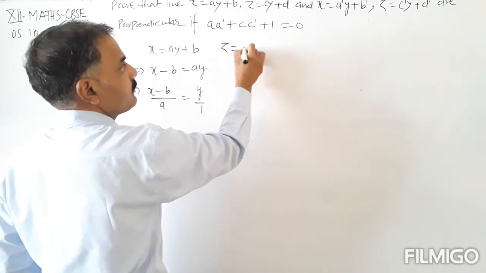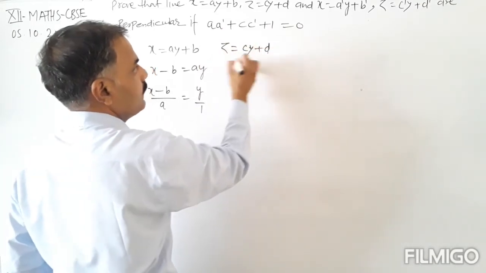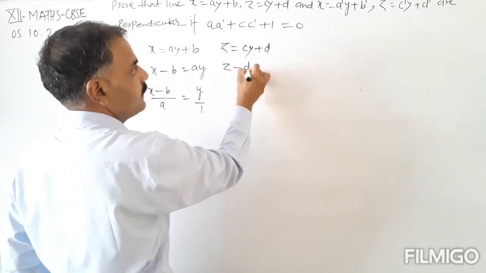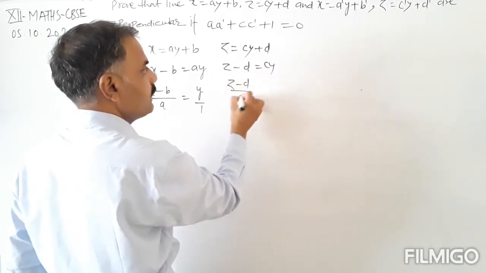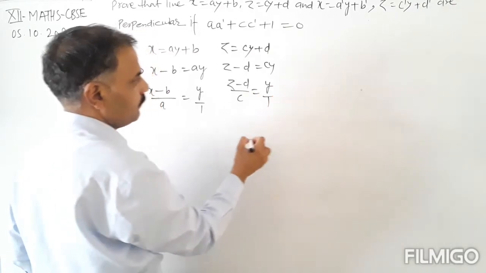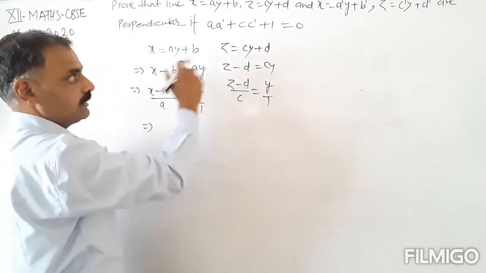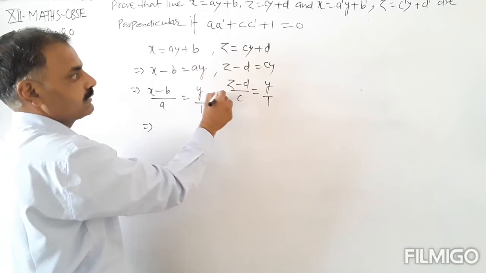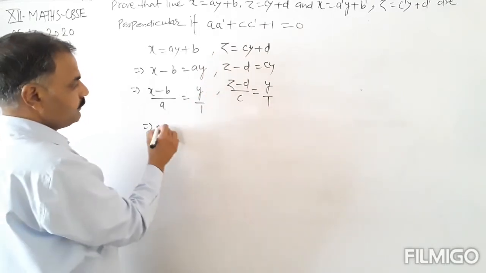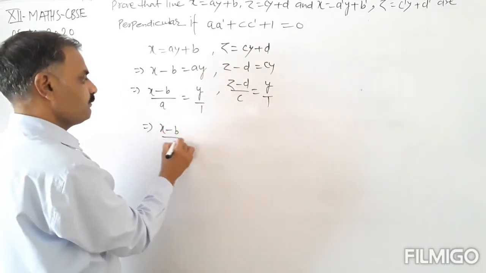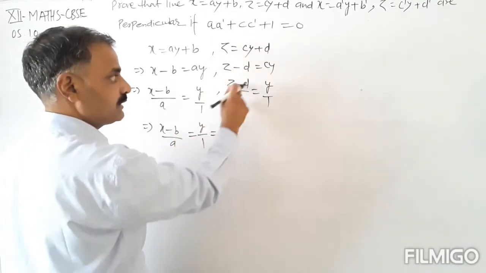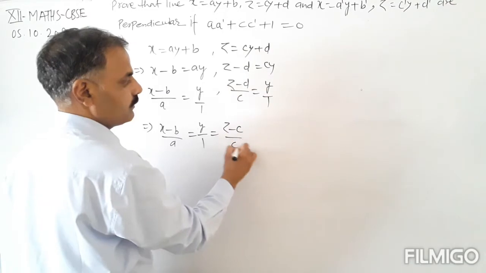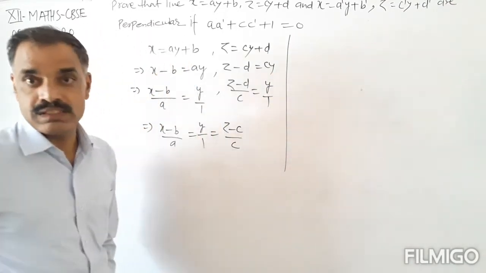Similarly z equals cy plus d, so z minus d equals cy, and z minus d upon c equals y upon 1. So the standard form of the first line is x minus b upon a equals y upon 1 equals z minus d upon c. This is the first line.